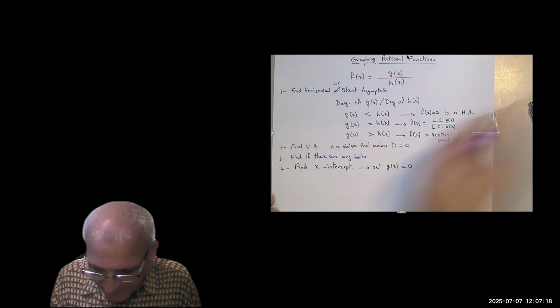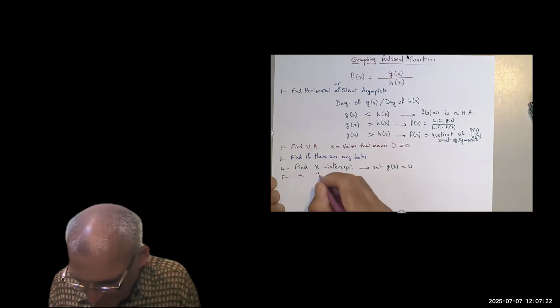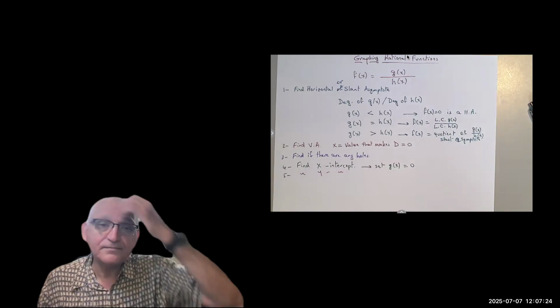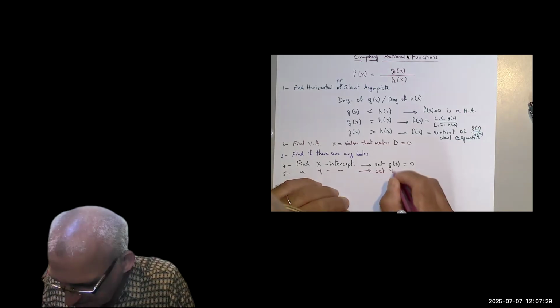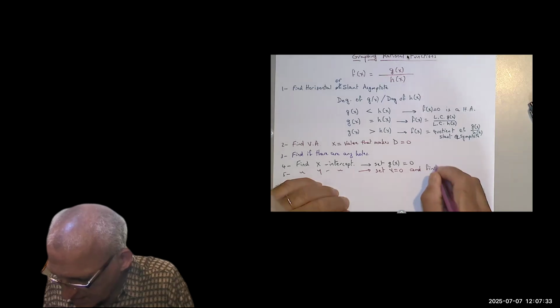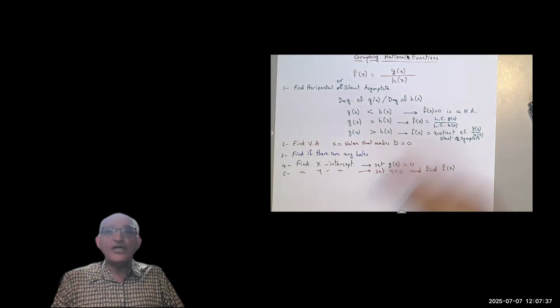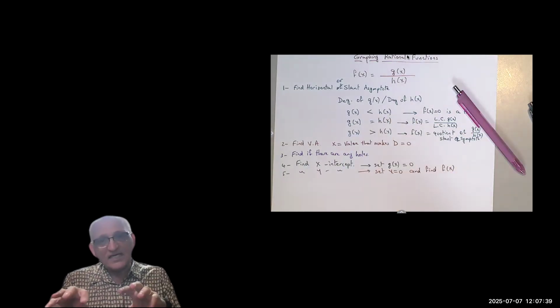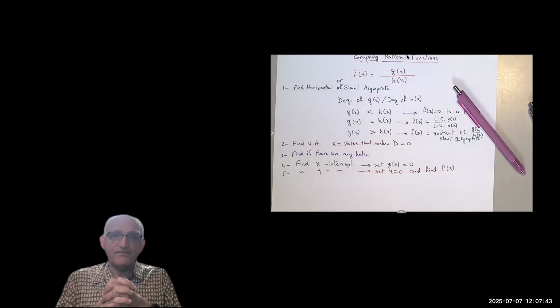And step number 5, find the y-intercept. Meaning set x equals 0 and find f of x. So now these 5 things, once I find them, I can plot the graph quite easily.